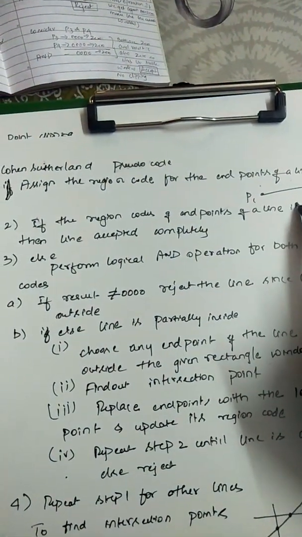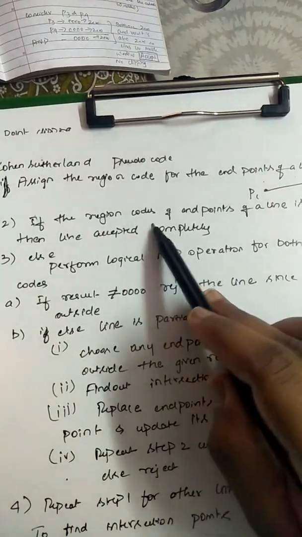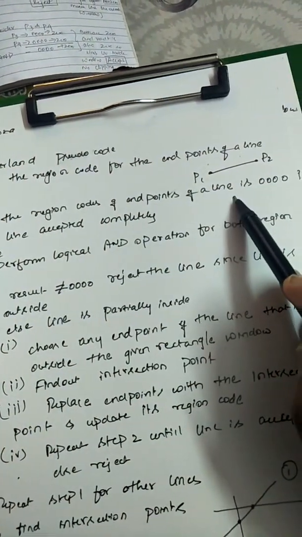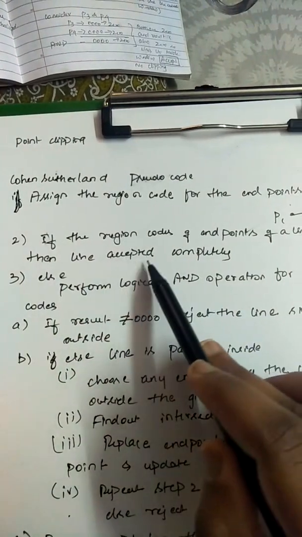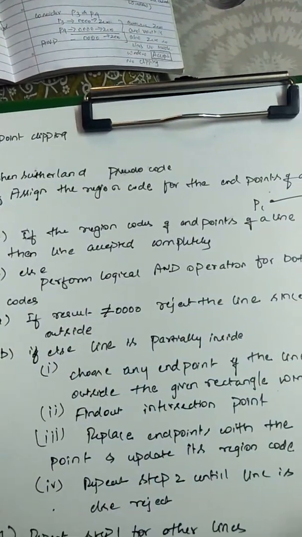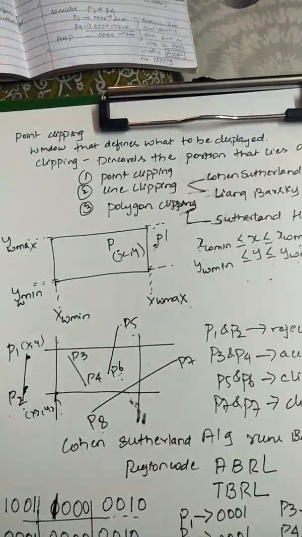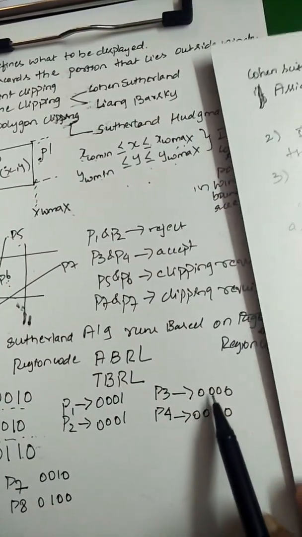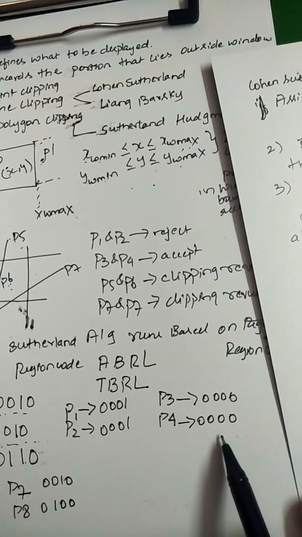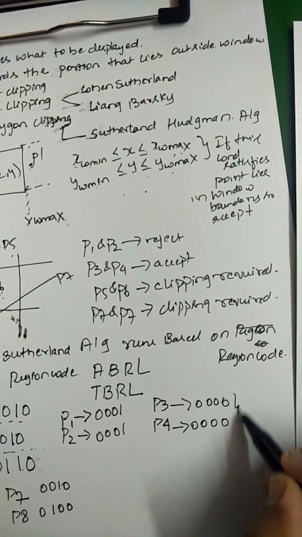Yes, we have done it now. If the region codes of the endpoints of a line are 0, then the line is accepted completely. Which ones come under this category? P3 and P4, where those region codes are completely 0. So I'll be accepting this.